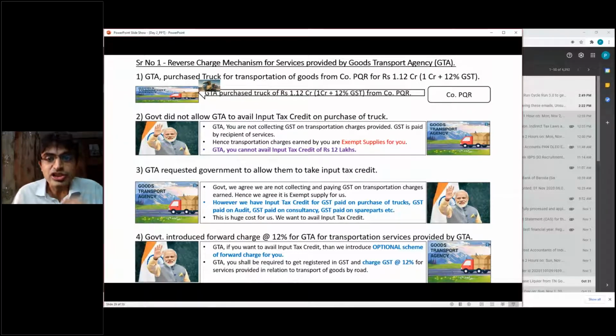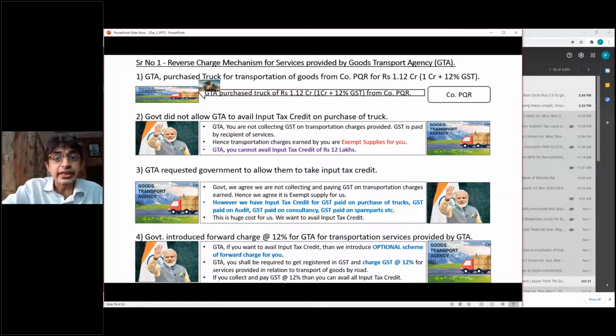Whatever services you give to any person, company, individual, any person, you need to collect GST under forward charge and pay GST under forward charge, and the rate is 12%. If GTA collects 12% and pays 12%, then it can avail all the input tax credit.